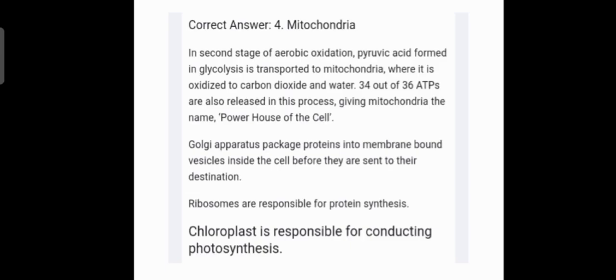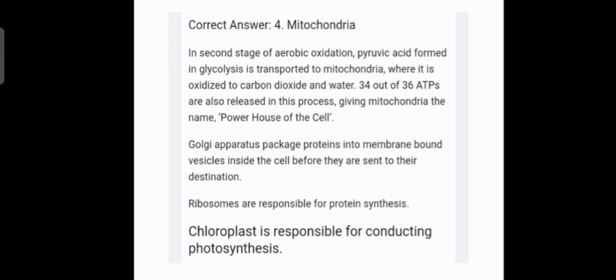The answer is mitochondria. We all know that in the second stage of aerobic oxidation, this pyruvic acid, which is formed in glycolysis, will be transported to mitochondria and oxidized to carbon dioxide and water.